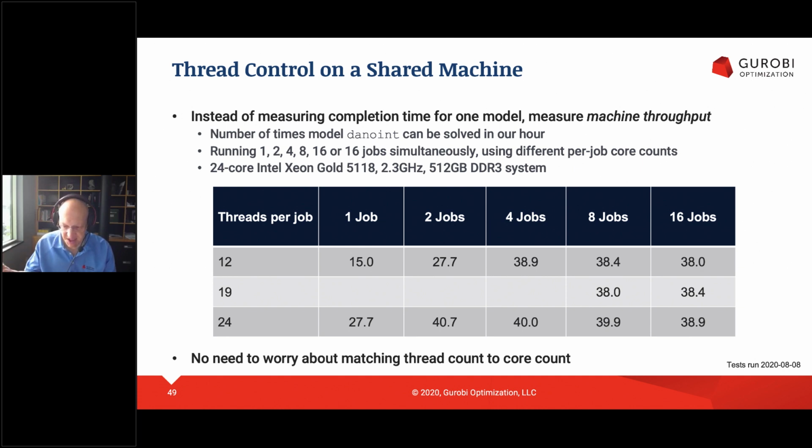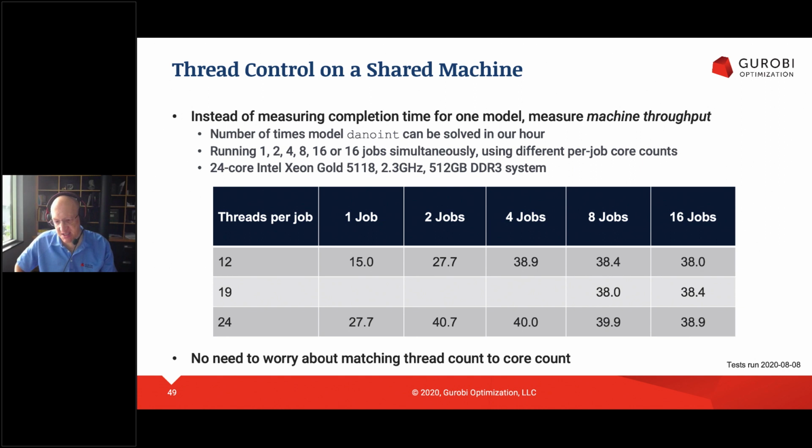So there's some contention for resources, but I've got 2 12-core jobs running on a 24-core machine. This seems like they would coexist quite nicely. So now I'm starting to oversubscribe the machine. I'm starting to ask for more threads, more cores than are actually available in the machine. But if I actually ask for 4 jobs, 12 threads each, so 48 threads total, my throughput actually continues to increase from 28 to 39.